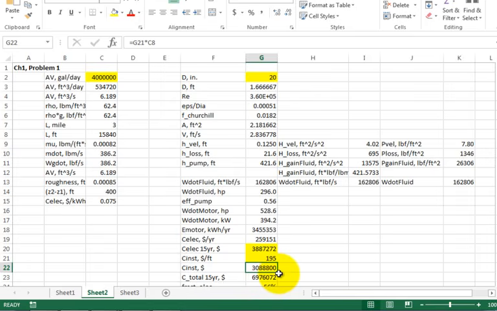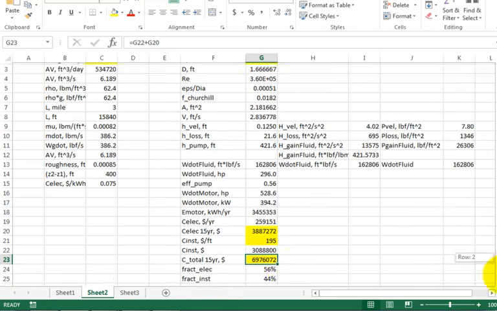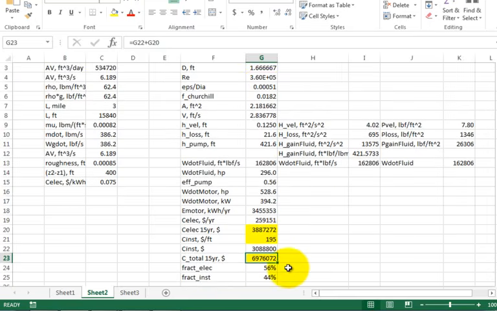And the total cost over the 15-year life is that much. And I even broke it down so that the fraction of the total cost of the electricity is 56% and installation cost 44%. There's a lot of little tidbits you can get. But I give that to you as a helpful thing, okay? Here is the calculation of the friction using that friction Churchill.